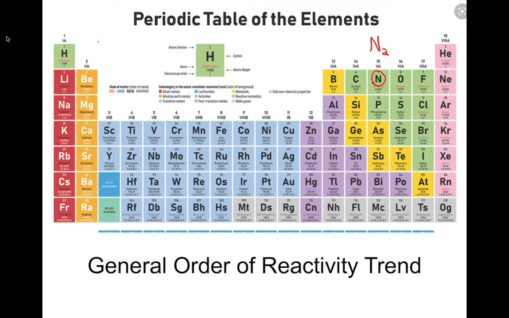The same goes for oxygen, fluorine, chlorine, bromine, and iodine, and hydrogen. These, when they are by themselves, come in pairs, and they're called diatomic molecules.